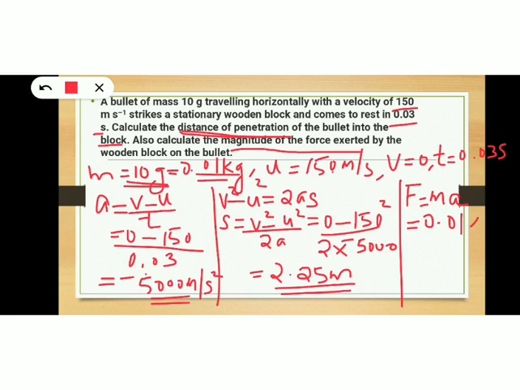So mass is 0.01 into acceleration. Acceleration is minus 5000. Okay, so when you simplify you will get the value as minus 50, and since it is force, the unit is Newton. So minus 50 Newton is the answer. Okay, so pause the video and note down the question.